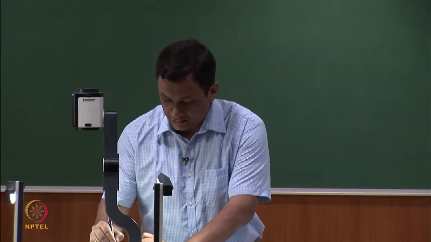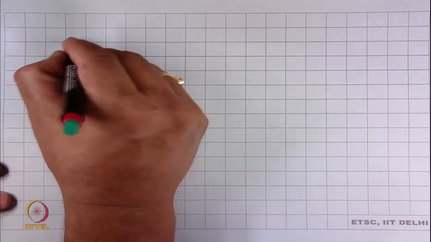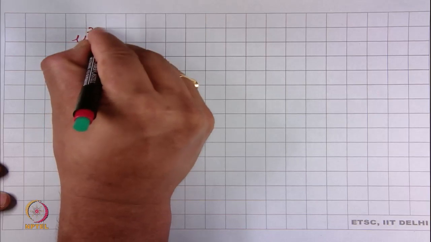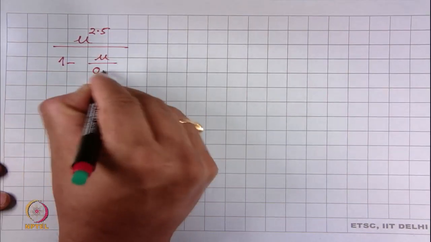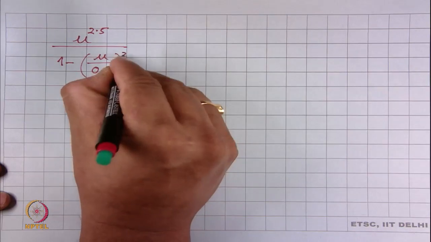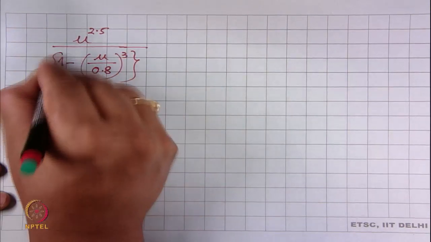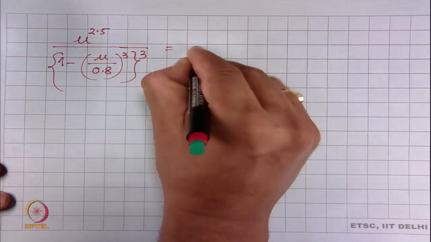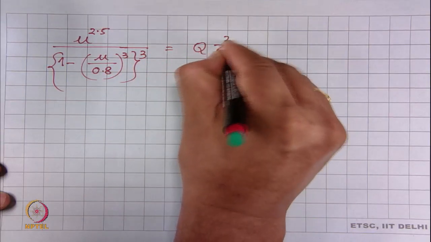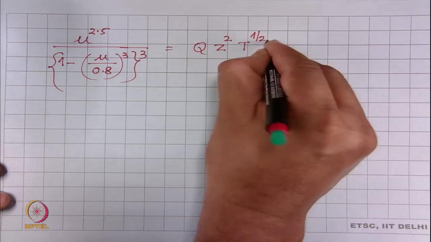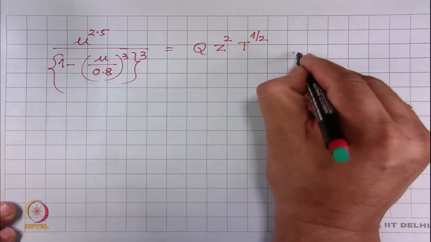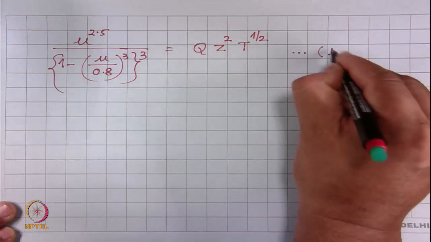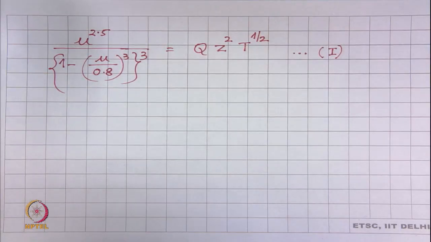First equation we derived in the last class, Q, right. So, this was, let us write our first expression, and what is the second expression?